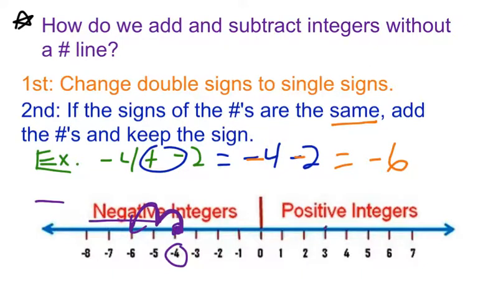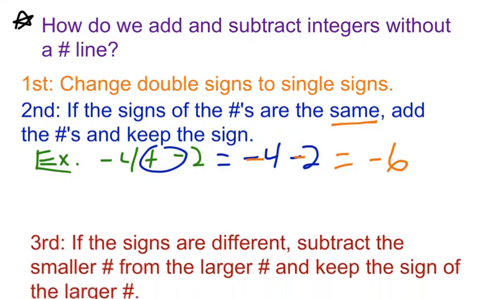Just like if we were positive, think if you were doing 3 plus 2, then it's already a positive 3. You're adding 2 because you're going in the positive direction, so now you end up with 5. So anytime those signs are the same, you're going in the same direction as what you already are. So that's called addition. Just make sure that you keep the sign.